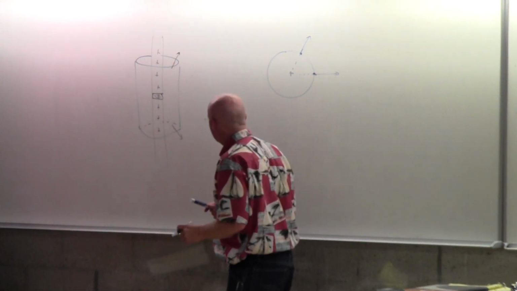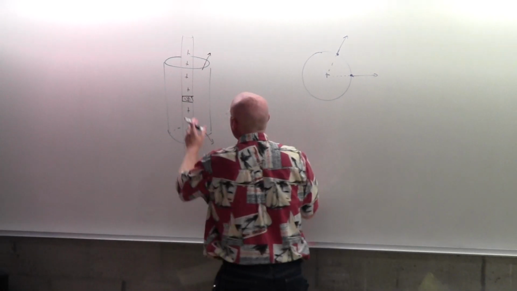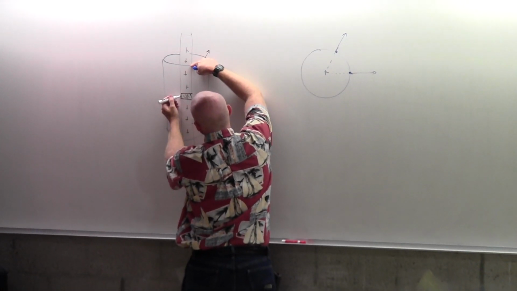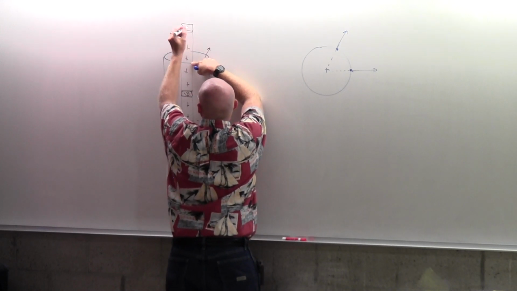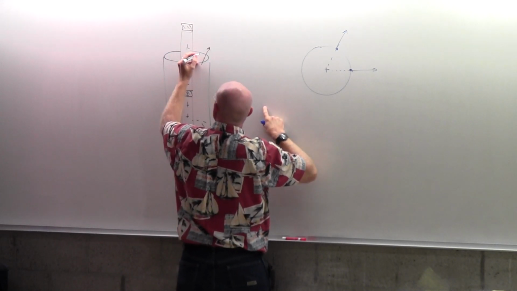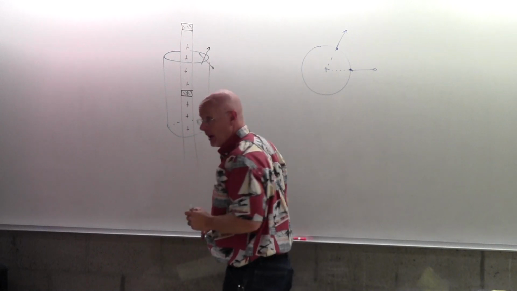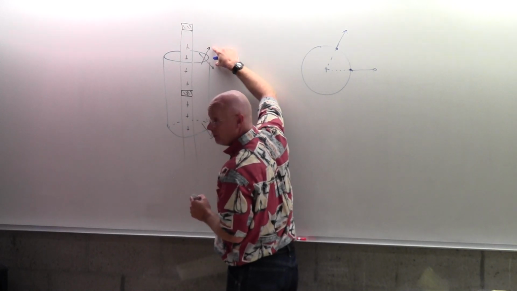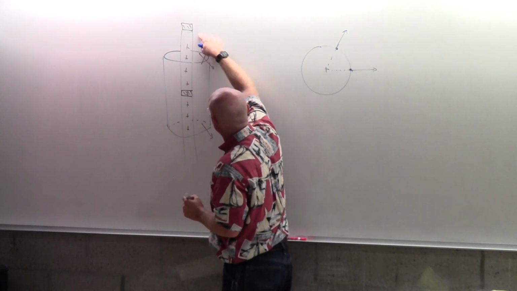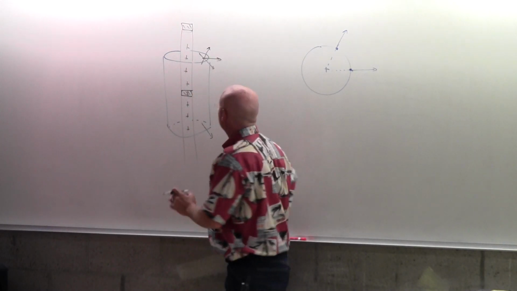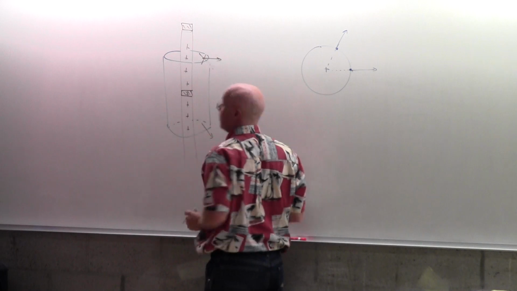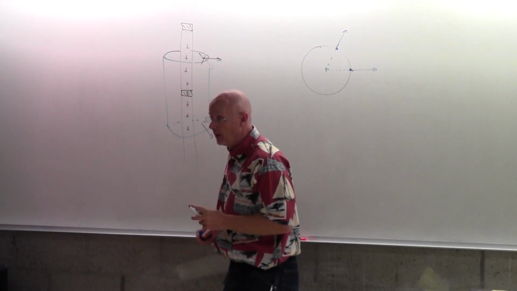Fair enough. Okay, but remember that if this distance is, say, 3 centimeters, then there's another chunk right here which would be creating an electric field that way. And so what happens to the vertical components? They cancel, and the whole electric field is radially outward and has no vertical component.